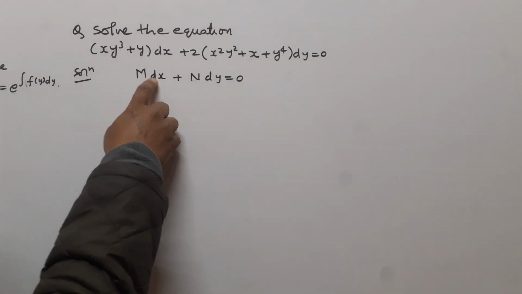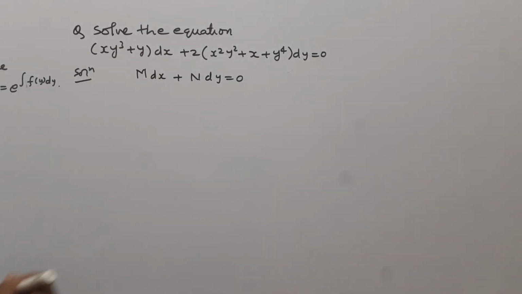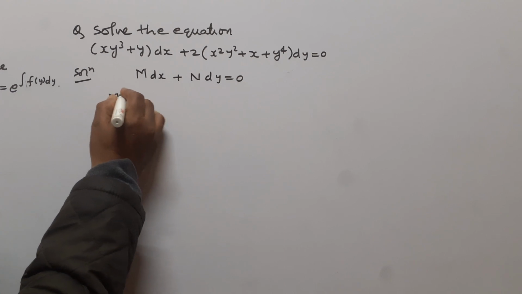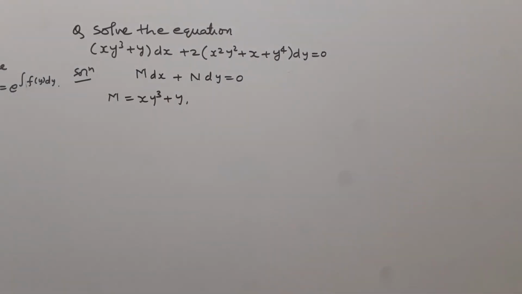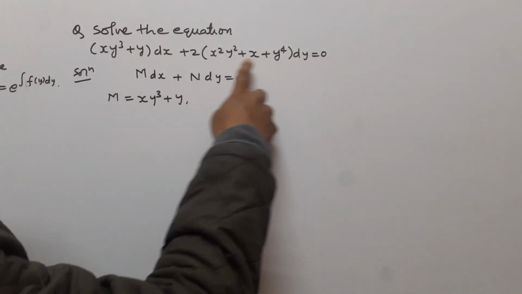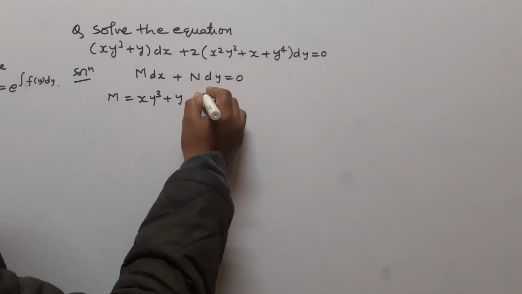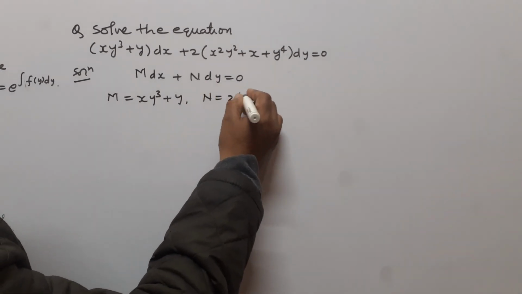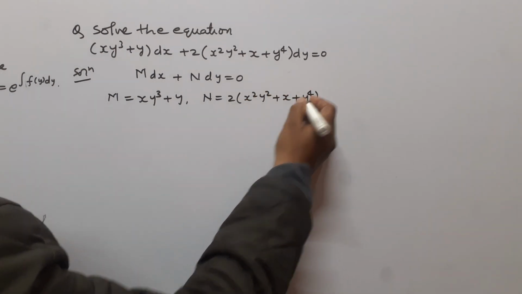The coefficient of dx is M, so here M is xy³ plus y. Similarly, the coefficient of dy is N, so N is equal to 2x²y² plus x plus y⁴.